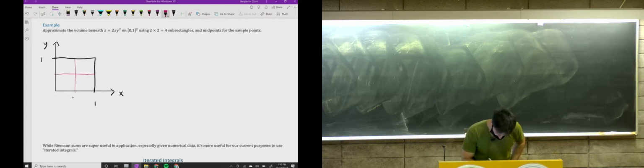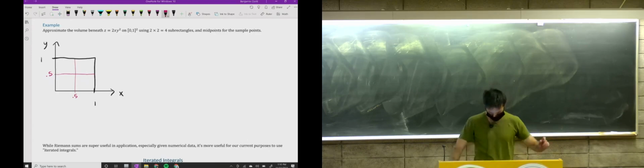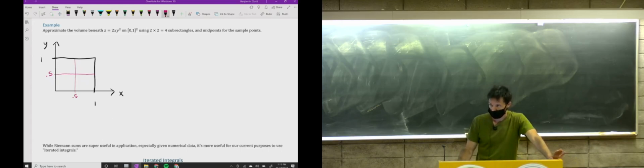So I split it at 0.5 in the x and also 0.5 in the y. I now have 4 subrectangles, and I'm going to choose the midpoint of each for my sample point.